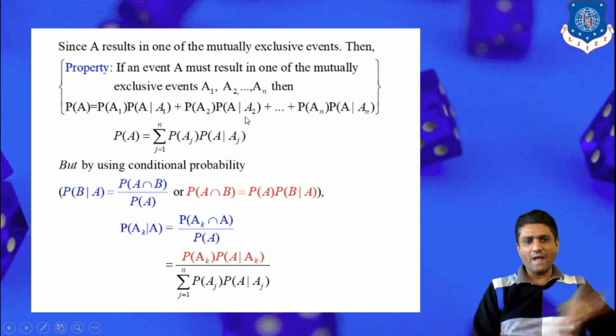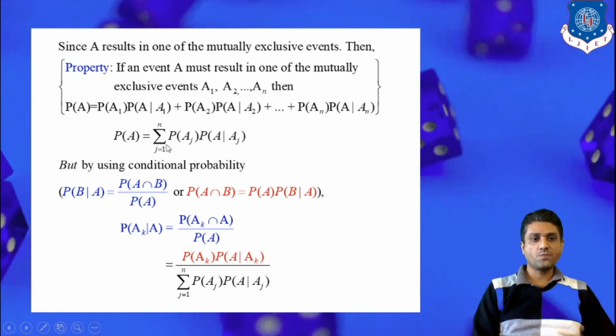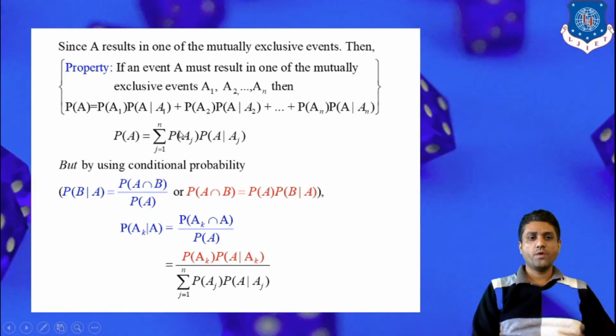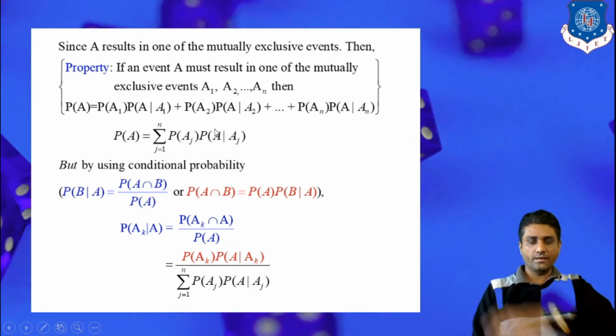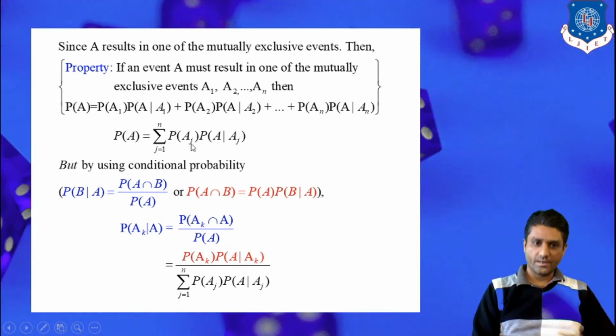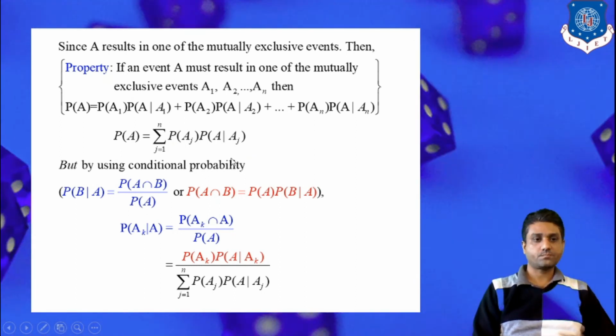We write the same thing in simple summation notation. There are total n terms, so we start a summation with j running from 1 to n, and instead of suffix 1, 2 up to n, we write j. So probability of Aj into probability of A given Aj.